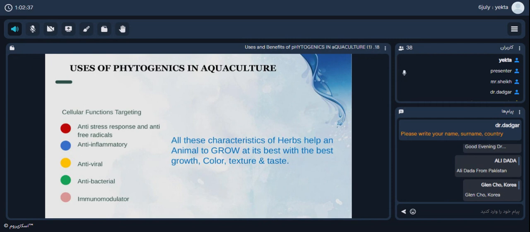No. How it actually works is that it keeps the body, it keeps the life healthy. Its immunomodulating properties mean if it is a stress condition, it brings it down to the normal level. If it is a hypo condition, it brings it up and keeps the balance. So the taste you get from the fish, from the shrimp, the color is all natural. Originally, it should be like this. That is what these natural components bring.